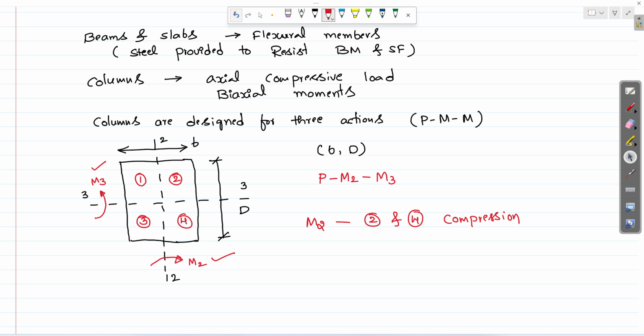Because of M3, quadrants 1 and 2 are subjected to compression.